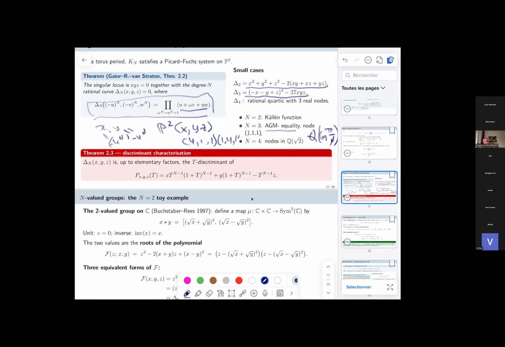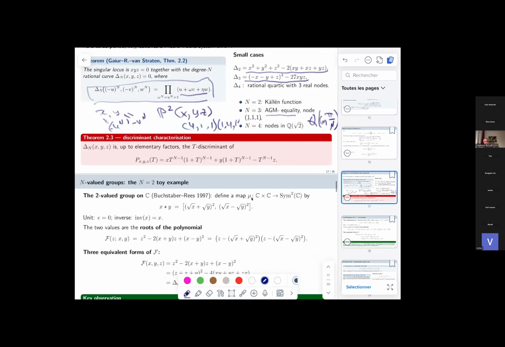And this is a quite nice observation, because it means that this singular locus is of discriminantal type, and this discriminant can be written explicitly.